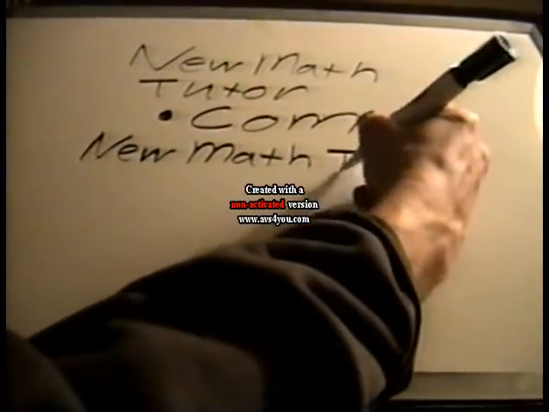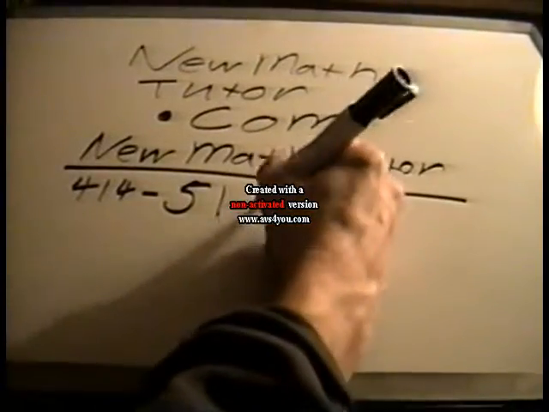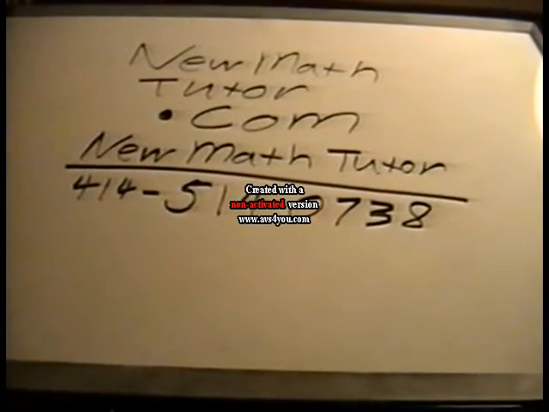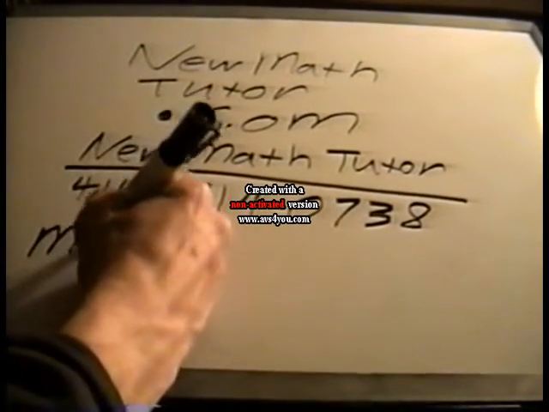Then we get 10 over 14 for 5 sevenths. So 5 sevenths equals 10 over 14.